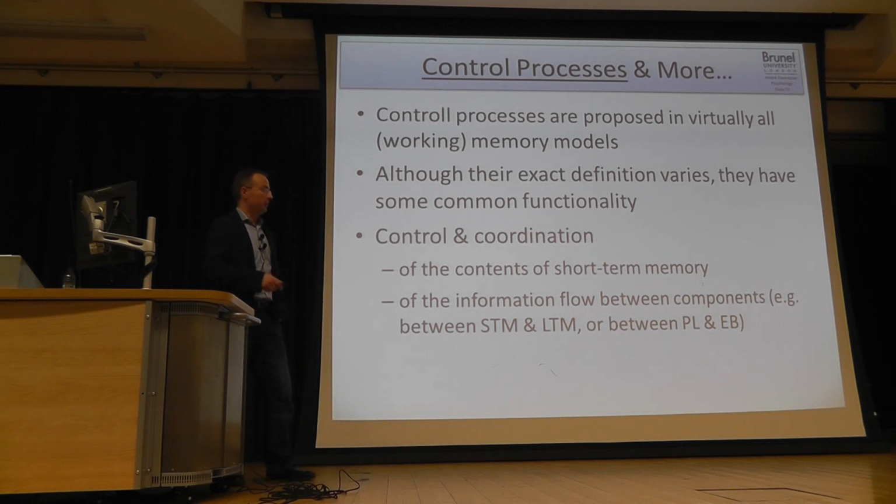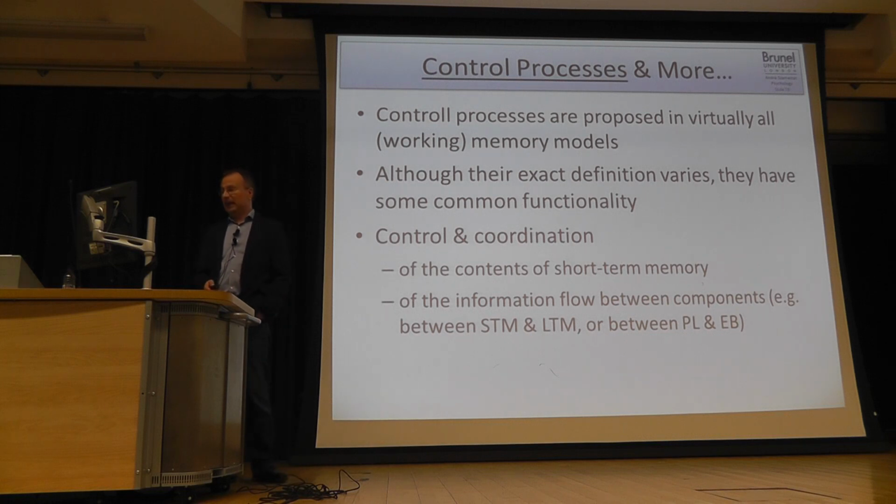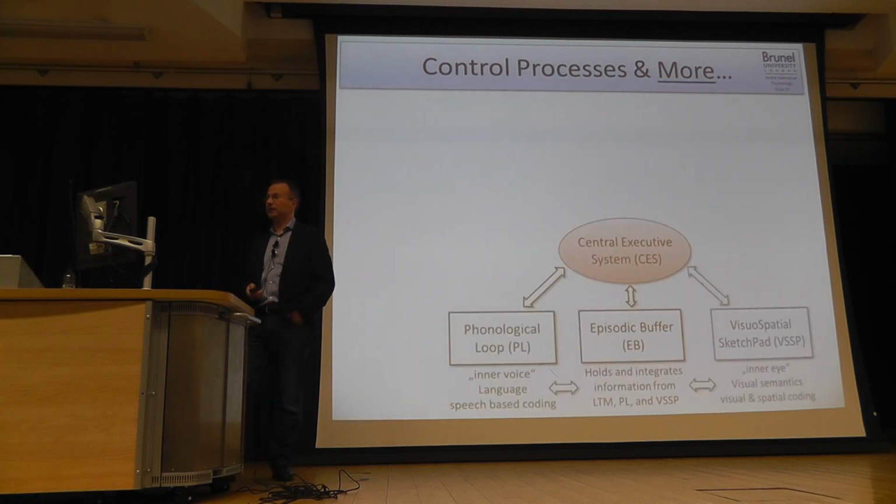The flow of information between the different components, what I just mentioned. And the control of attention, I mentioned that, and the nature of processes we do, like mental arithmetics. That's in the domain of these control processes, so the manipulation of that.